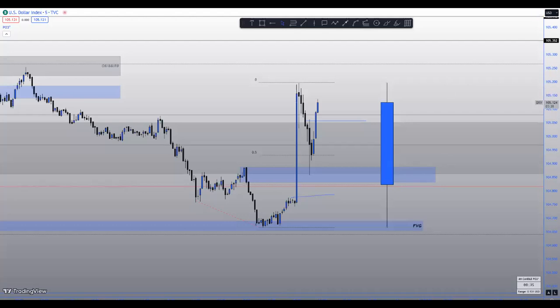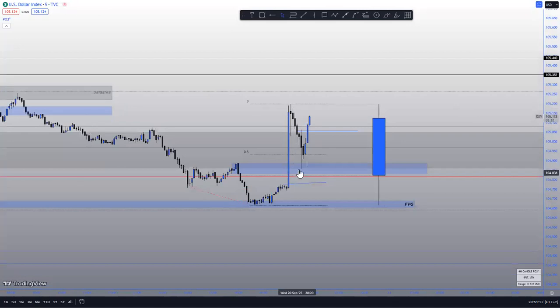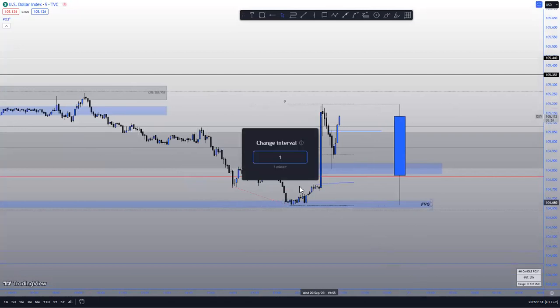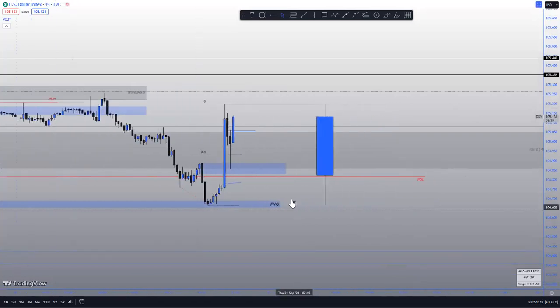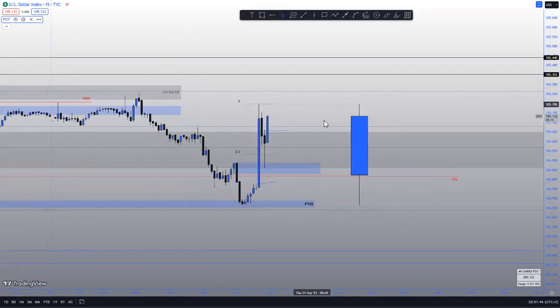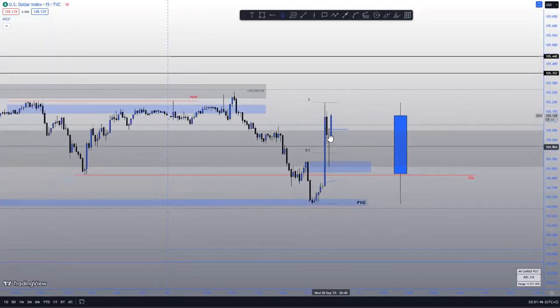So time has passed. We got that reaction here, and price is pushing to the upside, right? So that fair value gap worked for the key level. Price is now pushing to the upside, meaning it's still bullish.